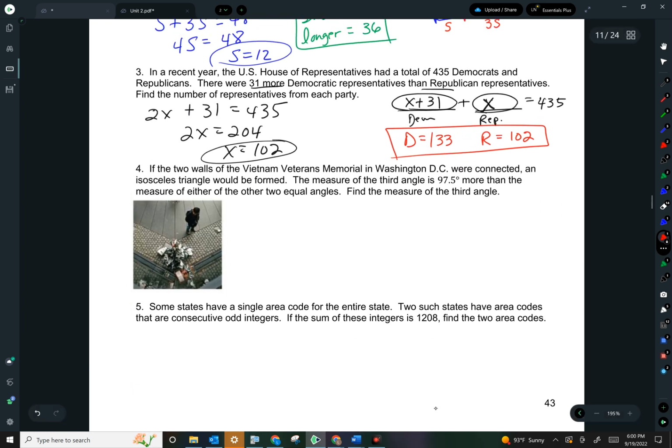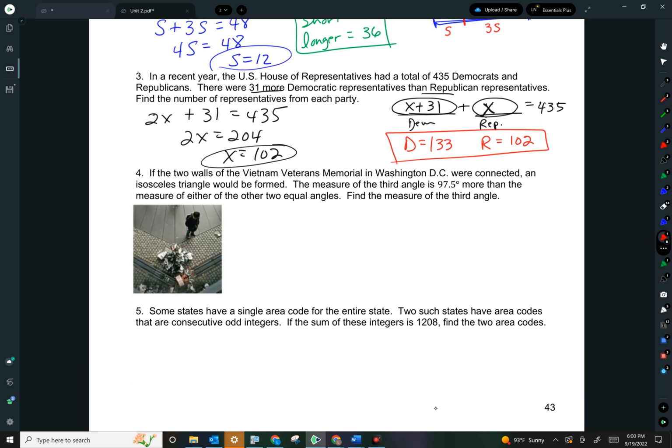Okay, so let's look at number 4. If the 2 walls of the Vietnam Veterans Memorial in Washington, D.C. were connected, an isosceles right triangle would be formed. I know it's hard to tell, but here's one wall of the memorial. Here's another wall of the memorial.